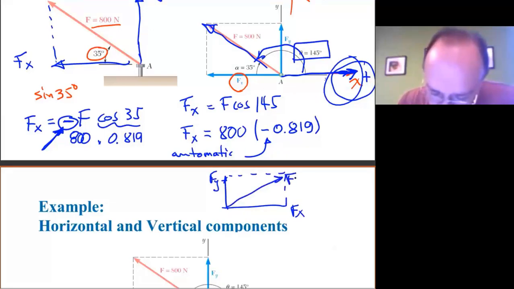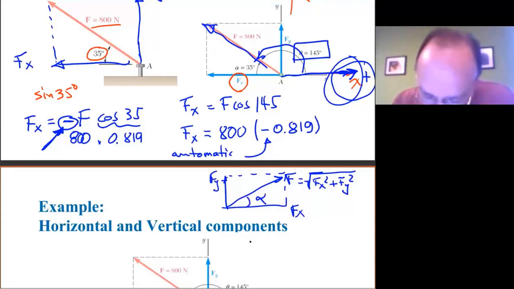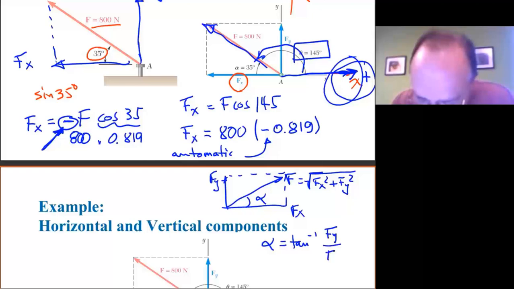The magnitude of the resultant will be given by the Pythagorean equation, right? And this is not new for anybody. How do you find this angle? Well, you do alpha equals tangent minus 1 of Fy over Fx, right?